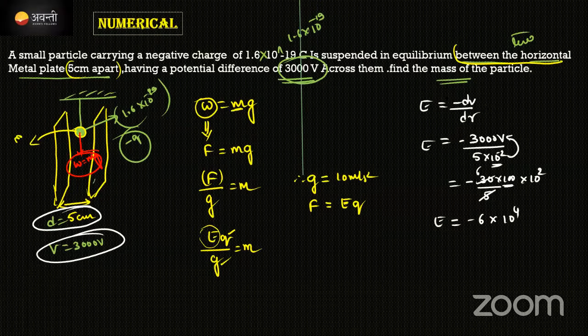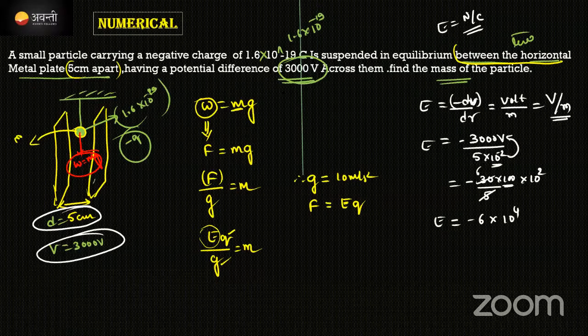And guys, for electric field intensity we knew the SI unit, newton per coulomb. But don't get confused here: this is V, potential, meaning volt, divided by distance, which is meter. So volt per meter is also an SI unit for electric field intensity.